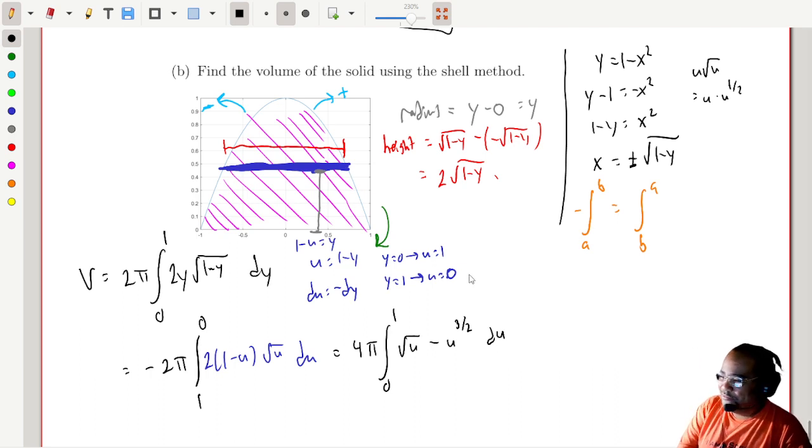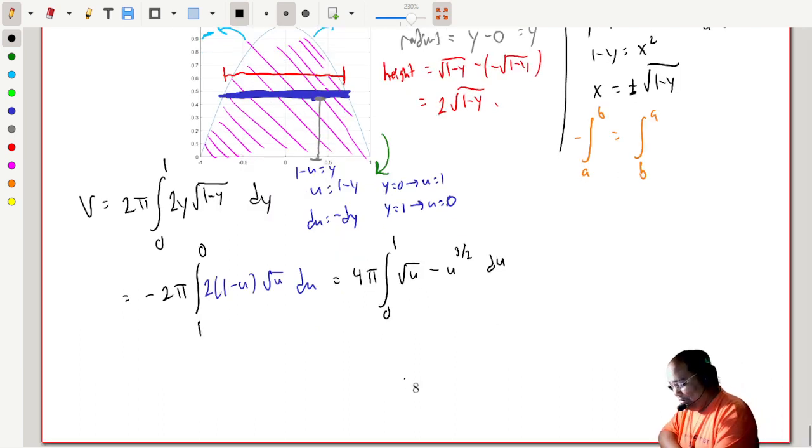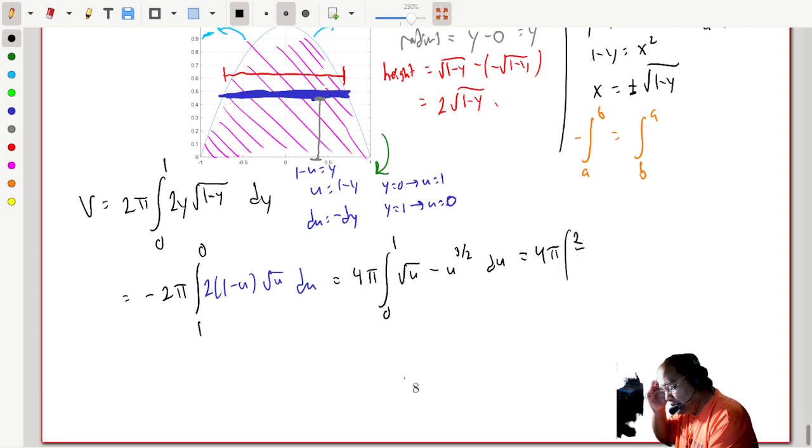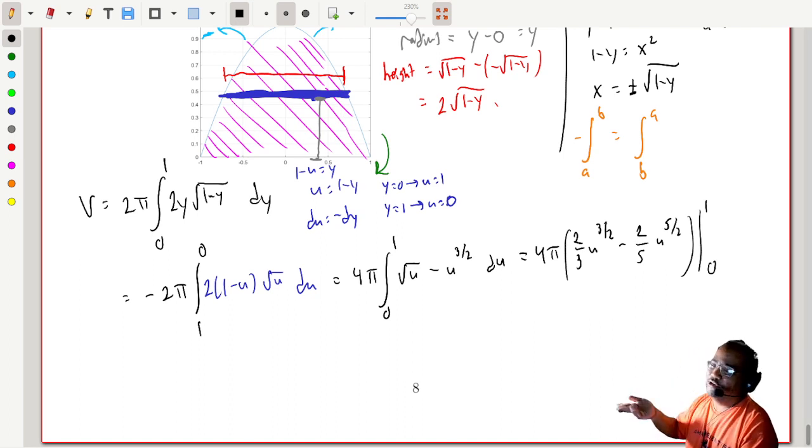All right. We're going to finish this out because we're basically done here. 4 pi. Okay. Square root of u is u to the 1/2. When we use power rule, 2/3 u to the 3/2 minus 2/5 u to the 5/2. Thankfully, the evaluation at 0 gives us a 0.